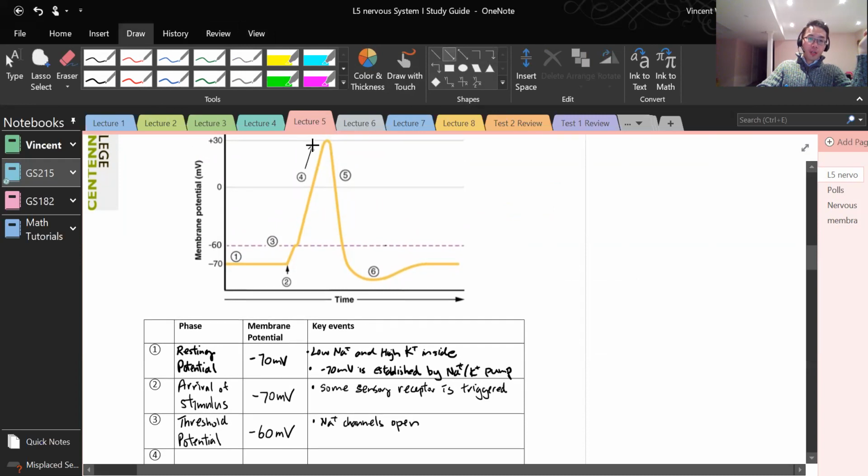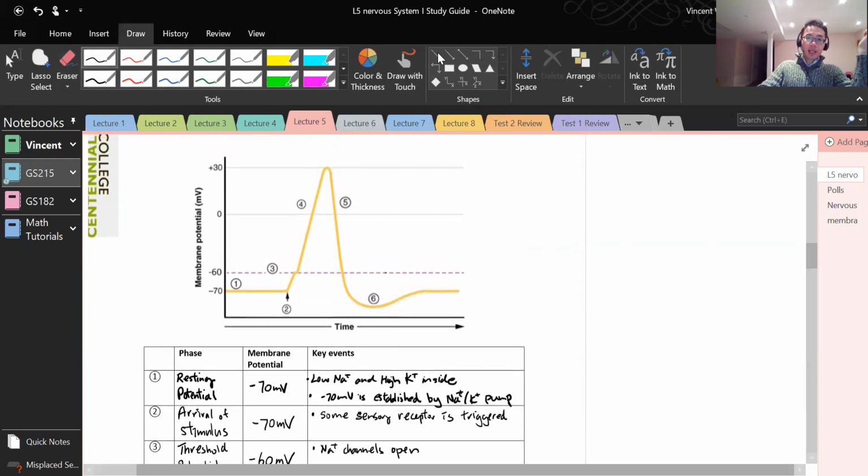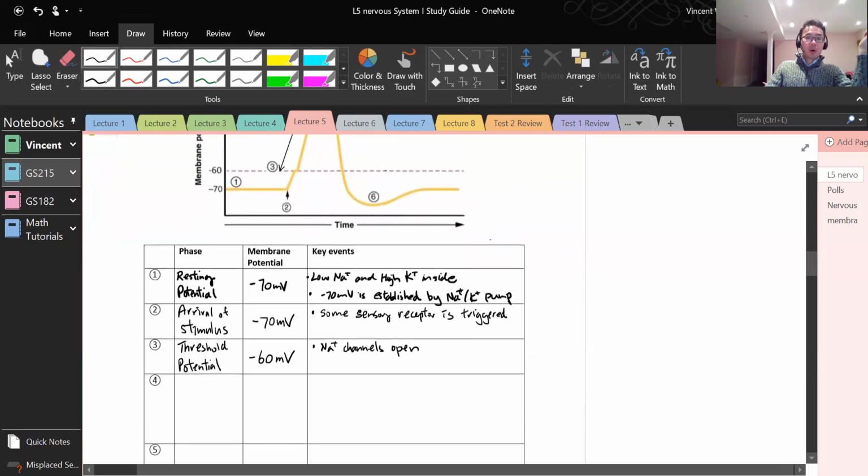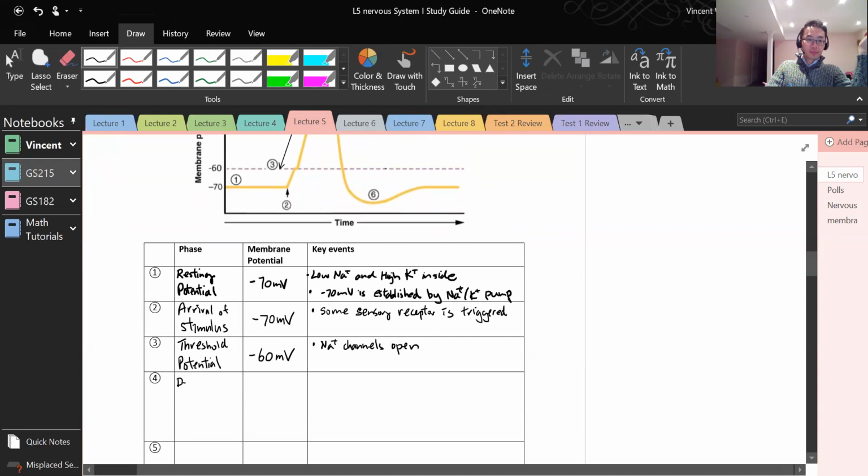And number 4 is referring to this entire segment here. That is called the depolarization. Polarize means it's more negative on the inside in our context.